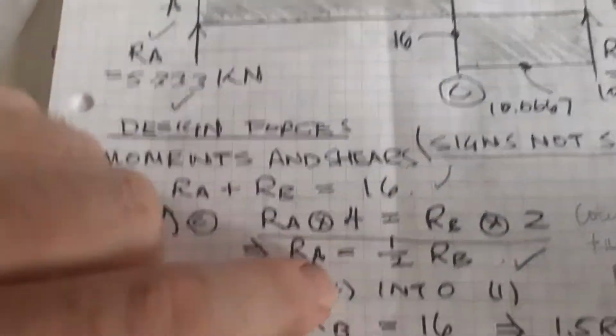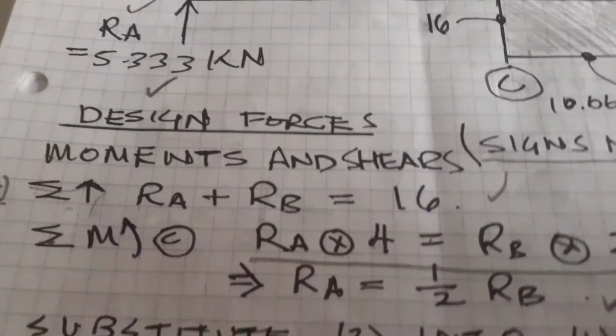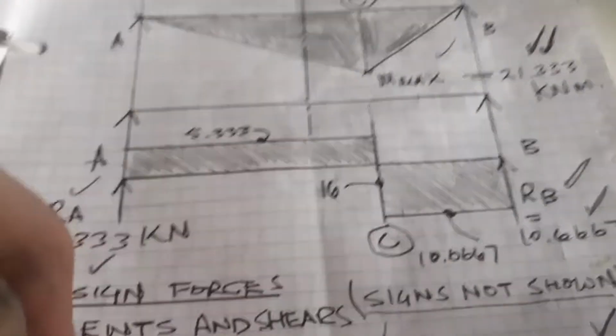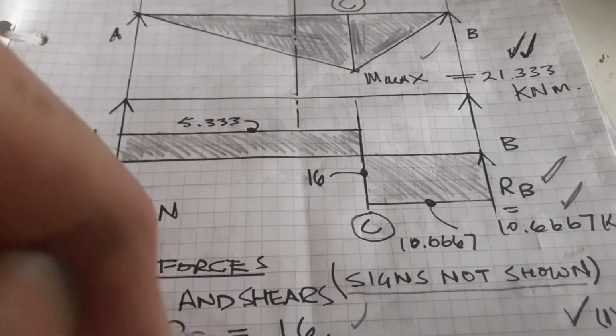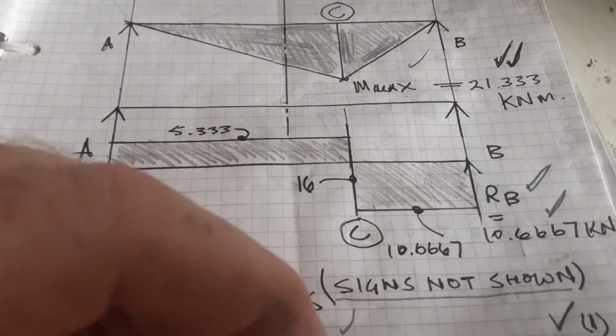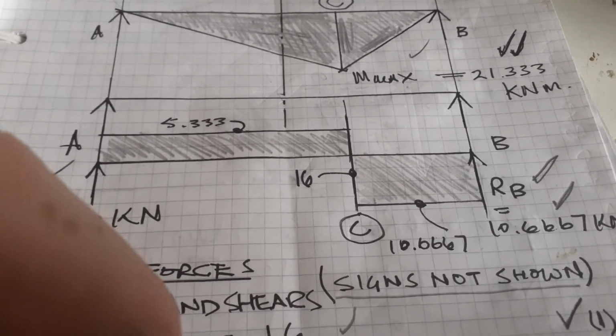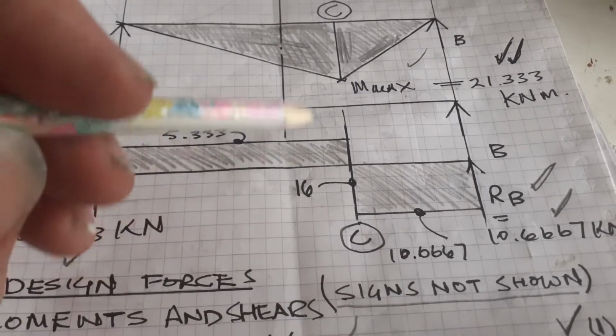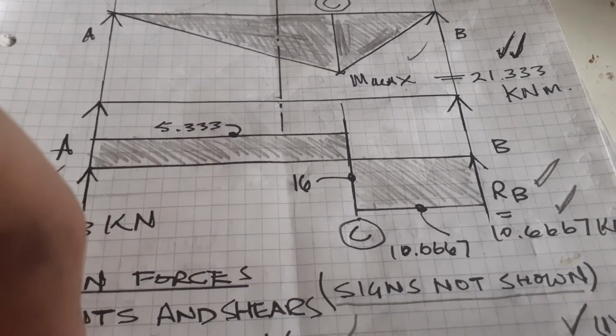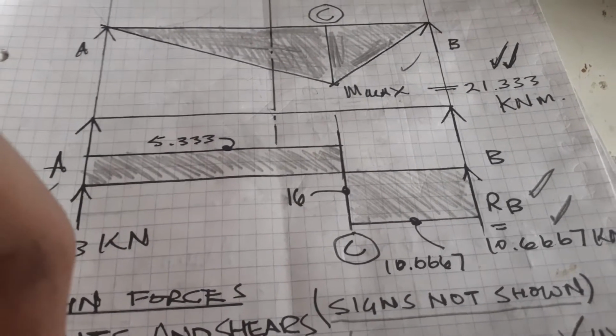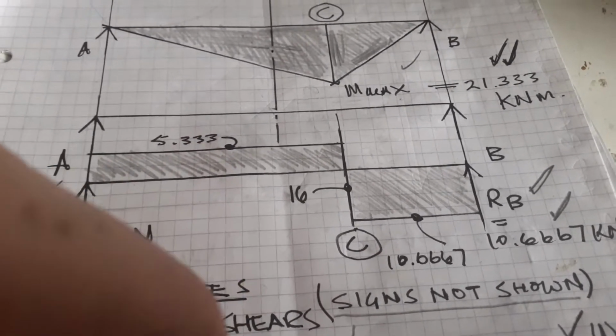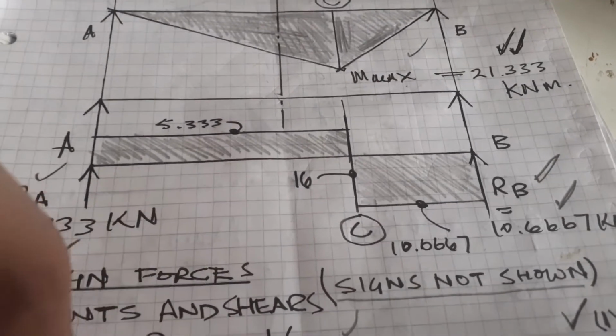because the other way to do it is, if we take moments about point C, then we got RA times 4 equals RB times 2, so that means that RA equals half RB, or 2RA equals RB.